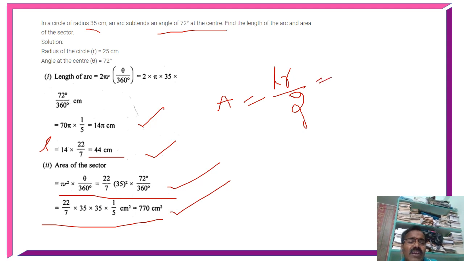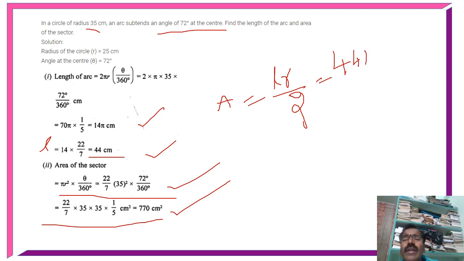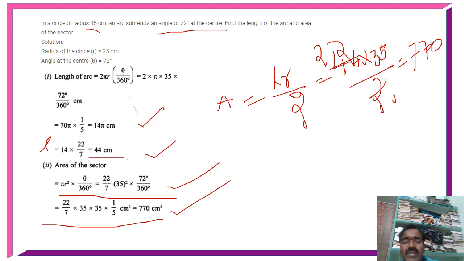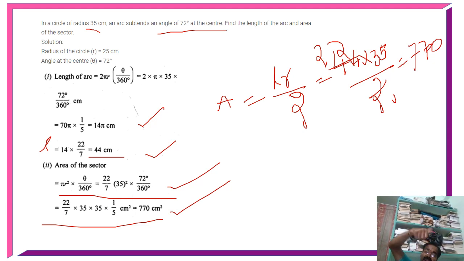Length of arc we got is 44, radius is 35, so 44 into 35 by 2. 2 ones are 2, 22s are 44, 22 into 35 is 770. Here we got area 770, here also 770, we can use both ways. Area of sector is LR by 2 when length of arc is known, and theta by 360 pi r square when angle of sector and radius are known.